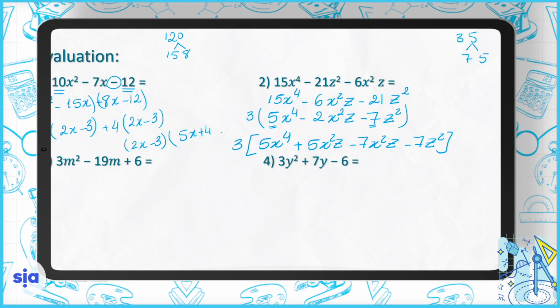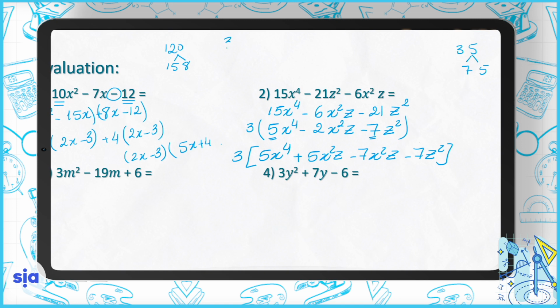If you combine the first two together and the last two together, so I will write it up here. So the 3 as it is, the 5x squared is the common factor. So here we have x squared plus z, while in the other one a negative 7z is the common factor.